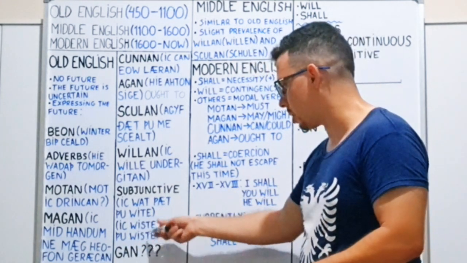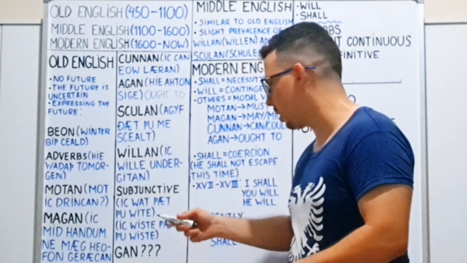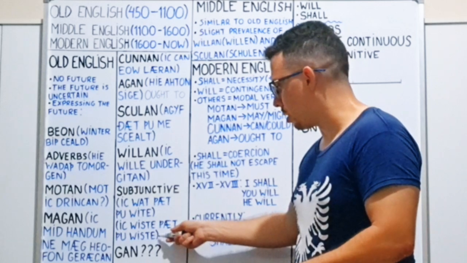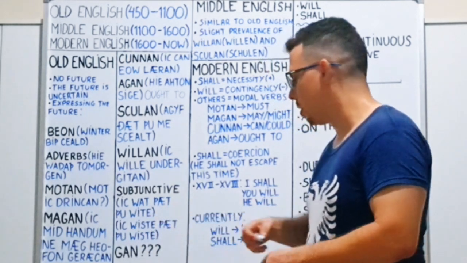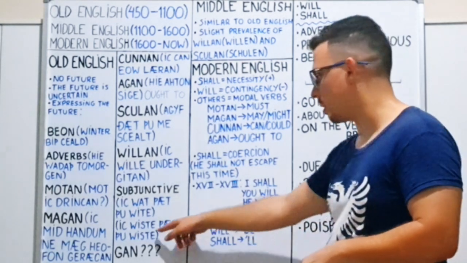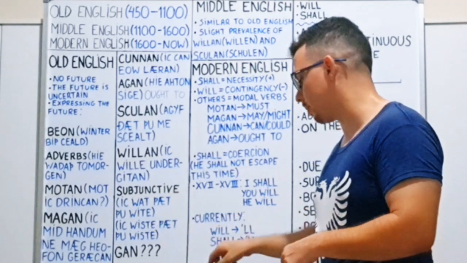Coincidentally, in this case, they are the same words, or at least they are written the same way. But this is not the same as this one. So the one at the bottom is not the same as the first one, which is just the past, right? And the second one is past as well, but past subjunctive.